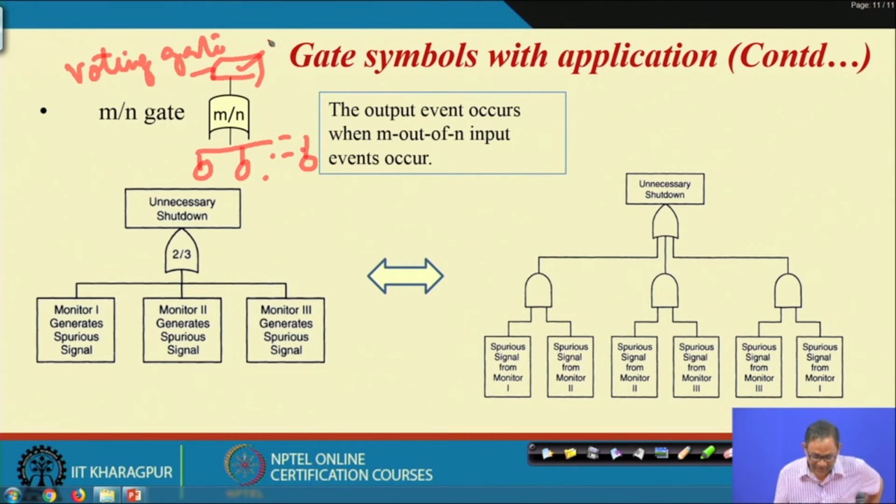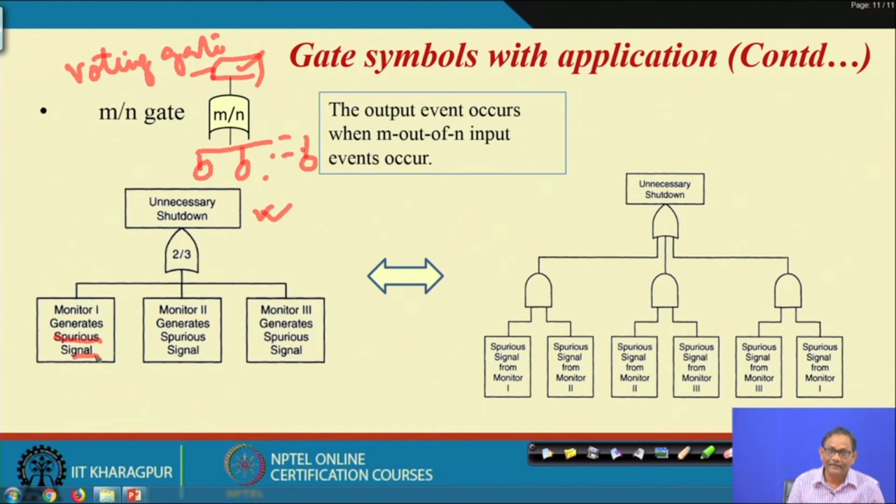An example is here. Suppose you have an automatic system, and for shutdown there are 3 monitors, and you say that if at least 2 of the 3 monitors signal shutdown, you go for shutdown. But a monitor is a monitor; it can fail, or it can also generate a spurious signal.